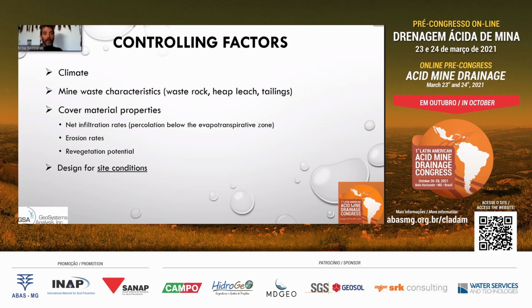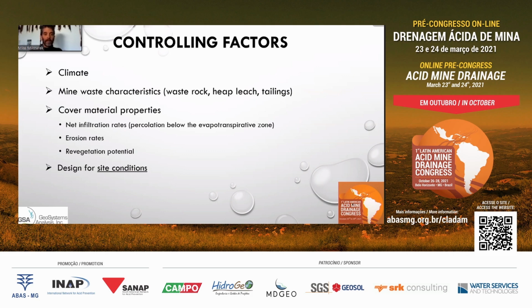The cover material properties are also quite important, and this depends on what types of materials you have on site and what you're able to borrow. This will affect your net infiltration rates. Finer grain materials are better at holding water for vegetation to use, and therefore you can get lower net infiltration if you have fine grain soils on site. However, you don't want to put fine grain soils on your side slopes because that can affect your erosion rates, and I'll talk about that.